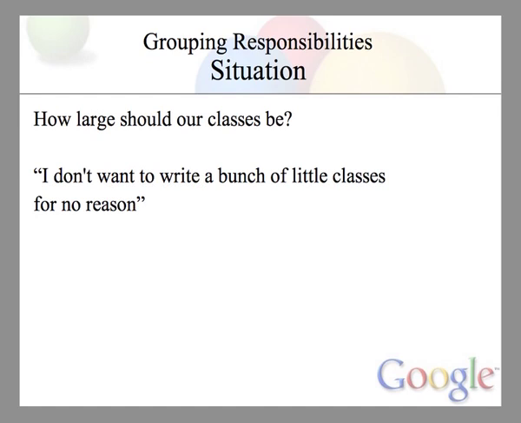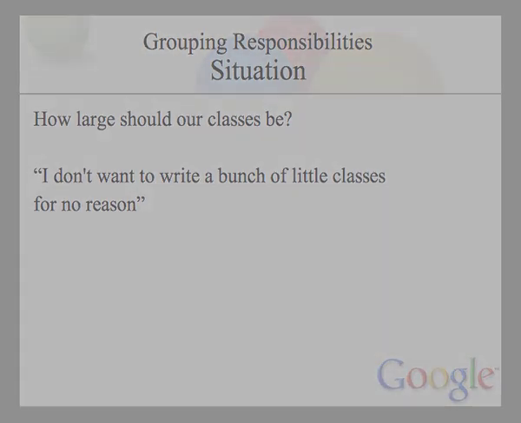So the first common situation, we have to answer the question, how large should our classes be? We often deal with developers who say, I really don't want to introduce a lot of little tiny classes into my system unless there's value for doing that. So our first design is the not recommended design, and that is to put several behaviors in a huge class.